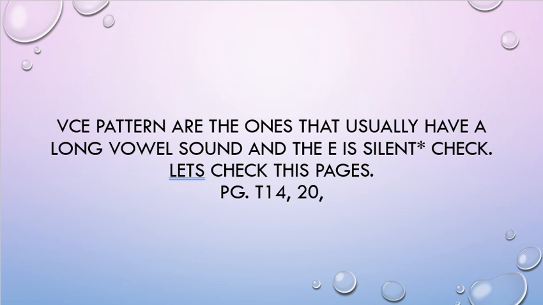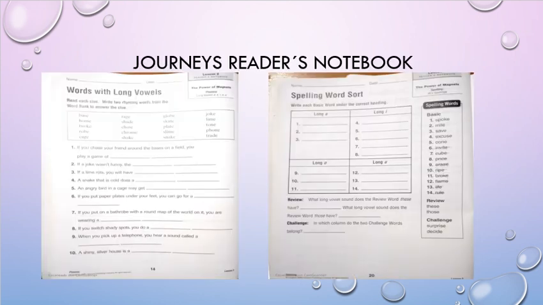Okay, as you can see, on page 14 you have a word bank. Please pay attention to the pronunciation that I'm going to say right now so you can see how the Vce pattern repeats itself in all the words.